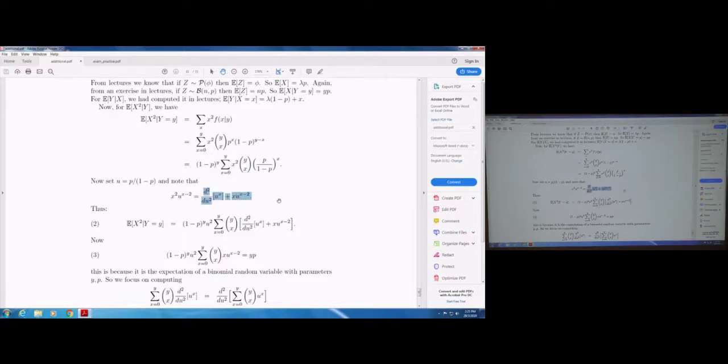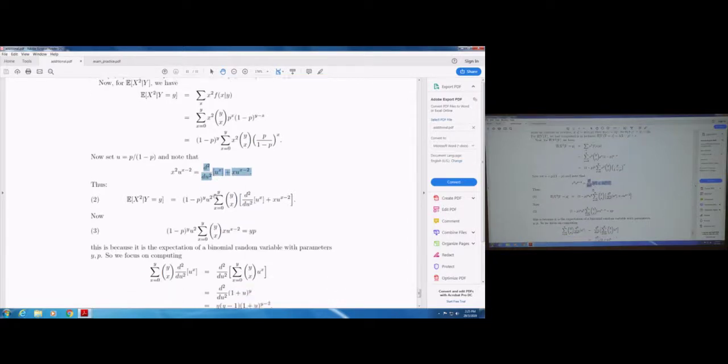You can check it for yourself. This is not a difficult calculation to check. You just have to find the second derivative of u to the x. So if you want to differentiate u to the x with respect to x, the first derivative is the log of u times u to the x.